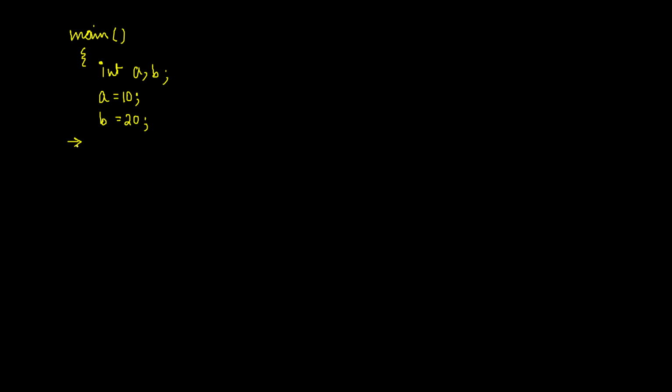The user defined function that I, as a programmer, will write has to have some name. A function is called by its name first of all. So I can write sum.